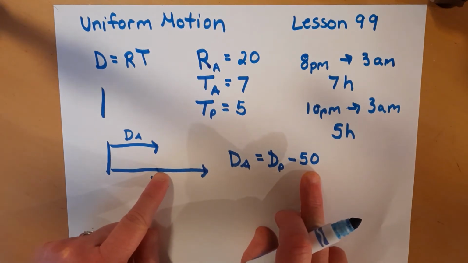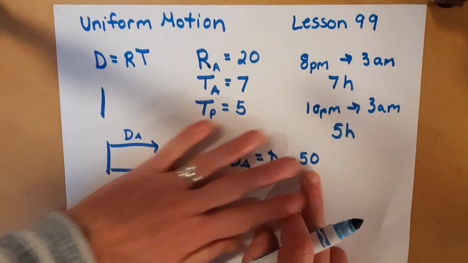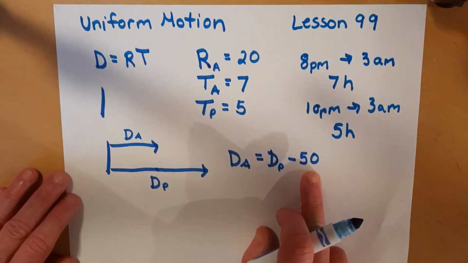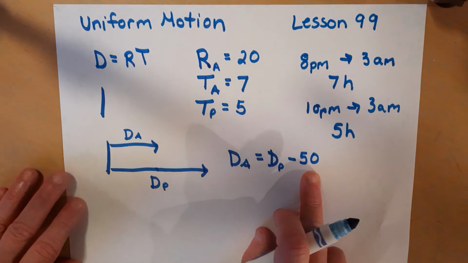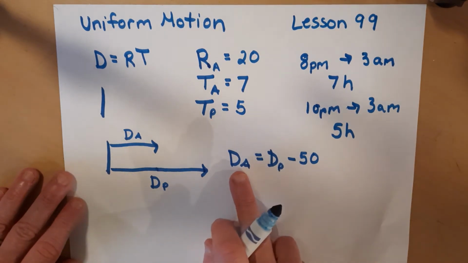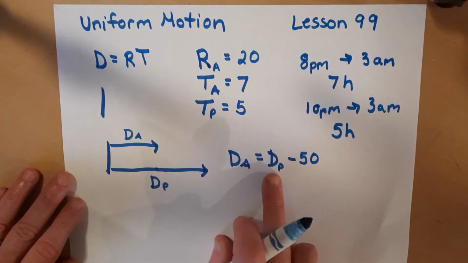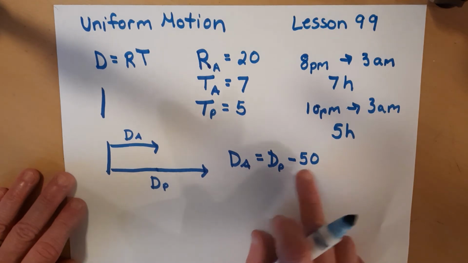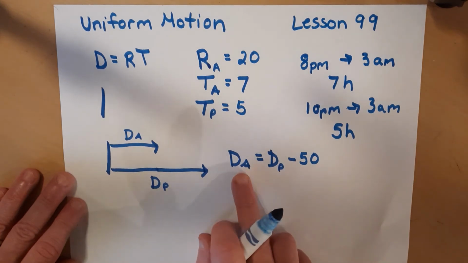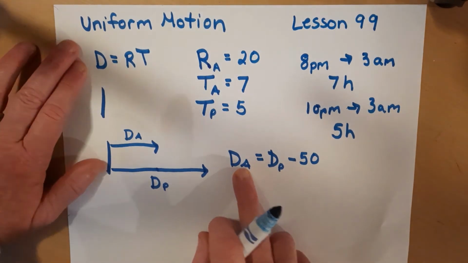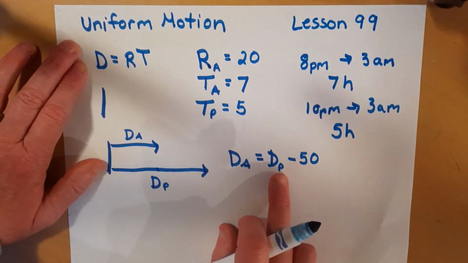And now we have a lot of information that we can try to plug into our equation. So we know that the distance of Achilles is equal to the distance of Patroclus minus 50. We want to change these distances into rates and times for each of these.